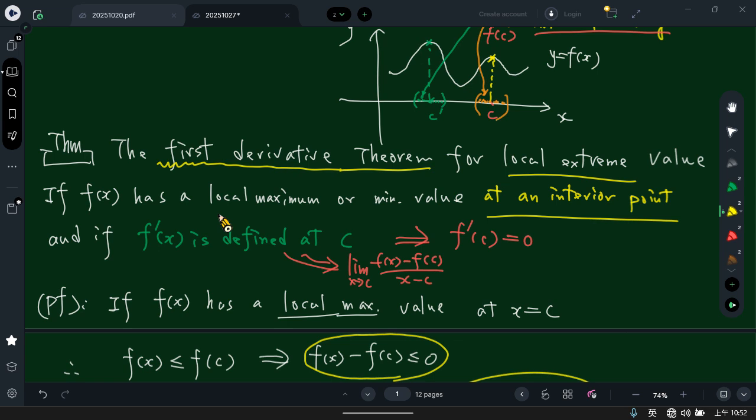Here it mentions if there exists a maximum value or minimum value at some interior point C, and f prime is defined at C, then f prime of C is 0. But the inverse: if f prime of C is 0, f of C can provide a maximum value or minimum value. It's not always true.